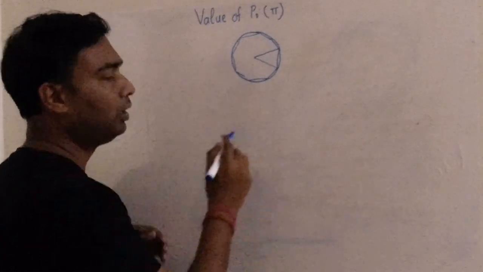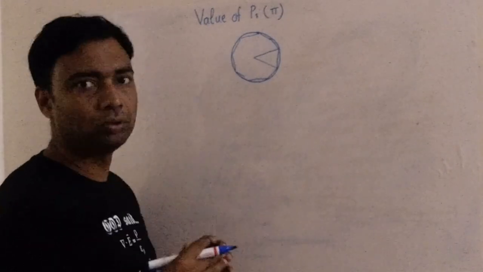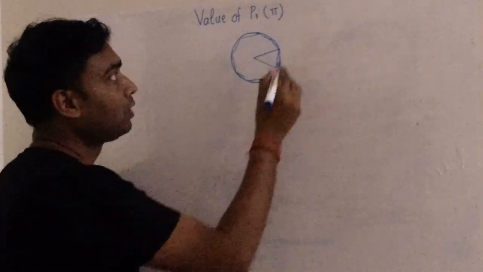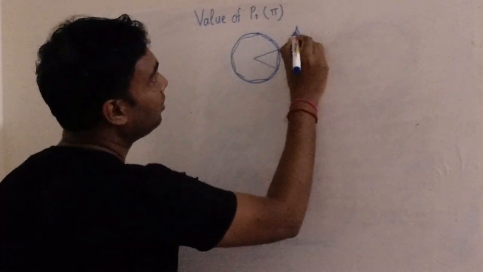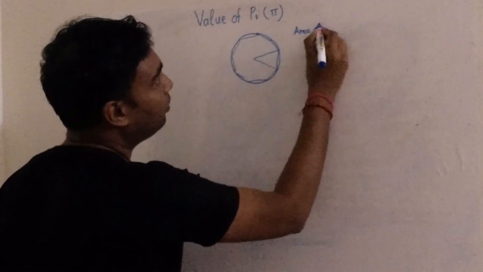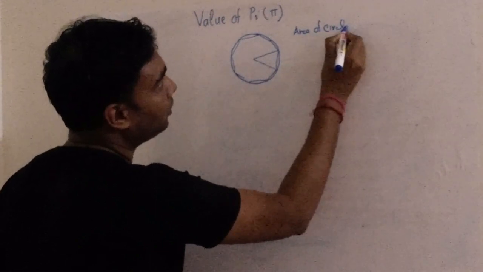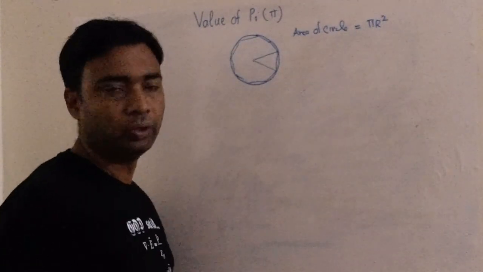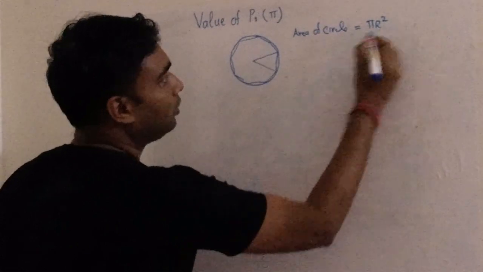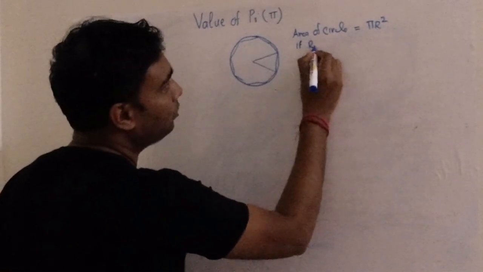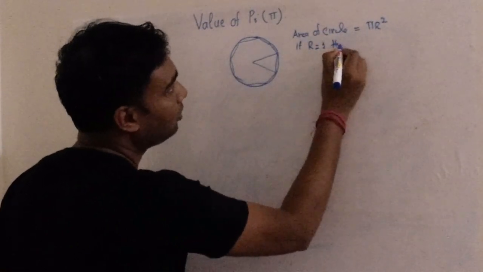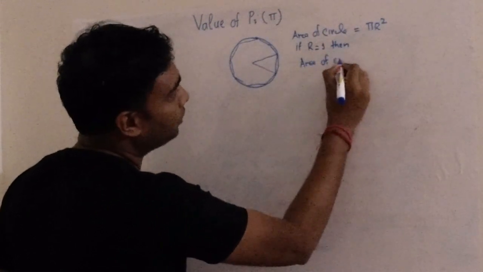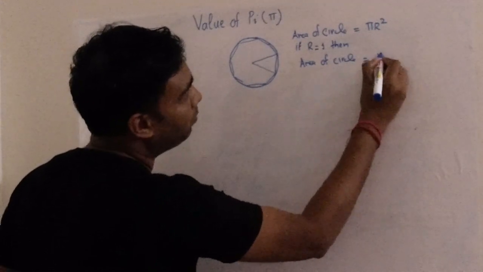One thing, the fundamental which I will be using in this video, is that we know that the area of a circle is equal to pi r square. If r is equal to 1, then the area of the circle will be pi.